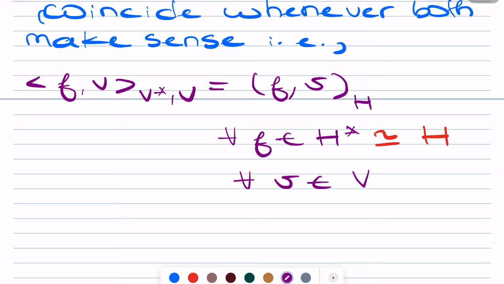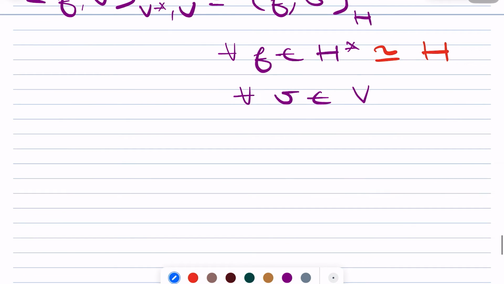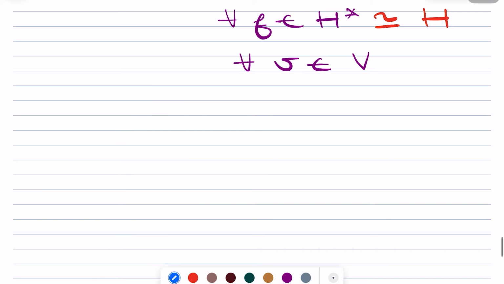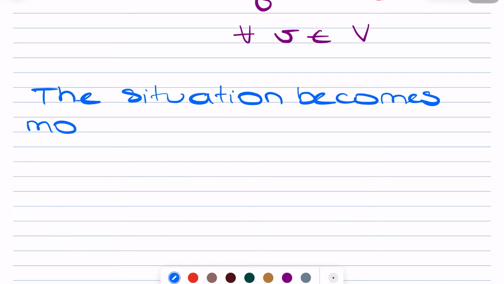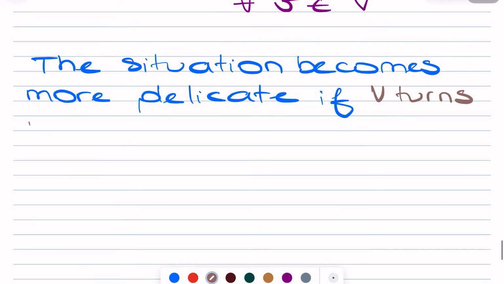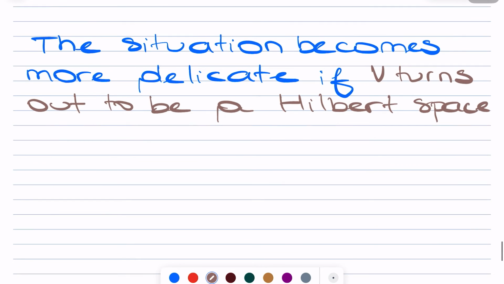So the situation becomes even more delicate if V turns out to be a Hilbert space with its own scalar product.